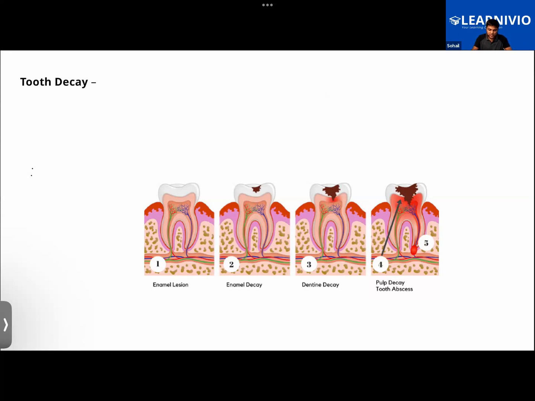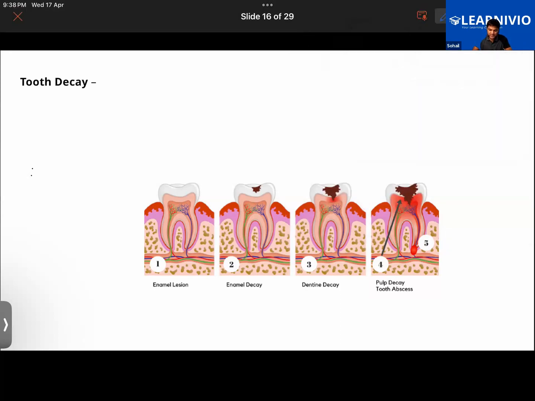So what is tooth decay? From the name itself, it basically means a gradual damage of teeth is called tooth decay. Tooth decay is a gradual decay of tooth.